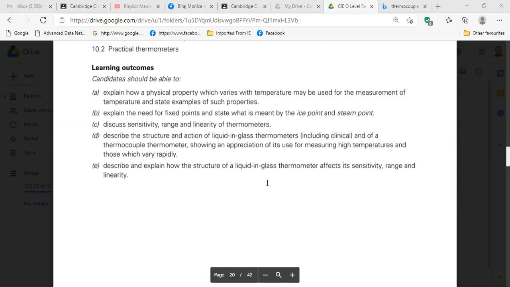So you are getting the difference between 100 and 0 degrees Celsius. For example, for this 100 degrees Celsius, you get 10 centimeters on your ruler. So this 10 centimeters is equal to 100 degrees Celsius.